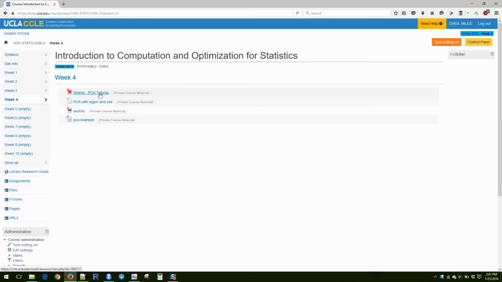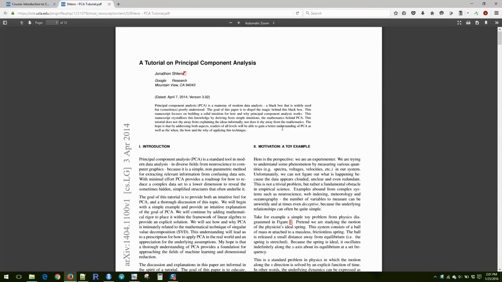This document by Schlenz, he works for Google. He wrote a very good tutorial on PCA. We're going to talk about performing PCA. So on Friday we talked about PCA and its relation to eigenvalues and eigenvectors, right?